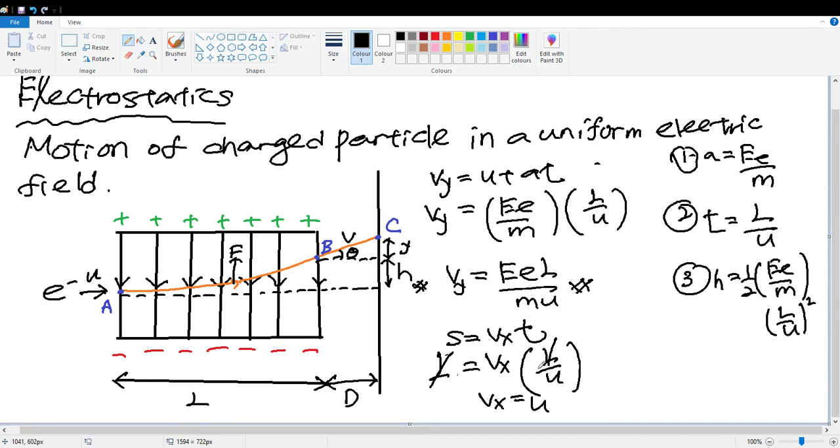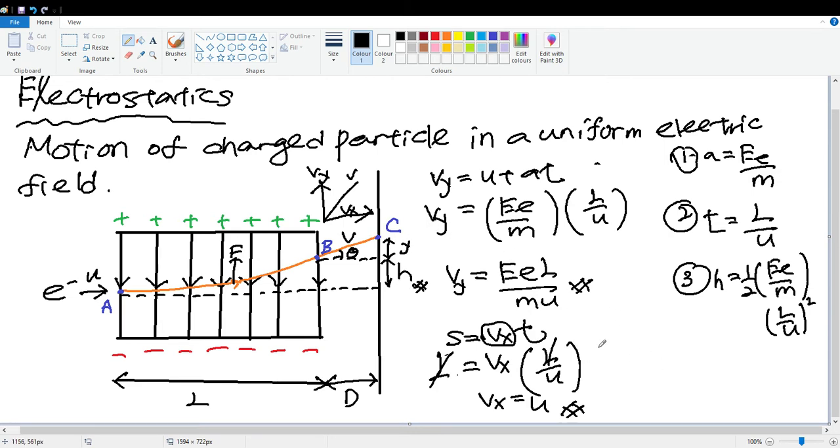As for the horizontal velocity, this is the final velocity, which is at here. Let me just draw it more properly. So this one is Vx and this one is Vy. So this is the V. So what I get is Vx equals u.